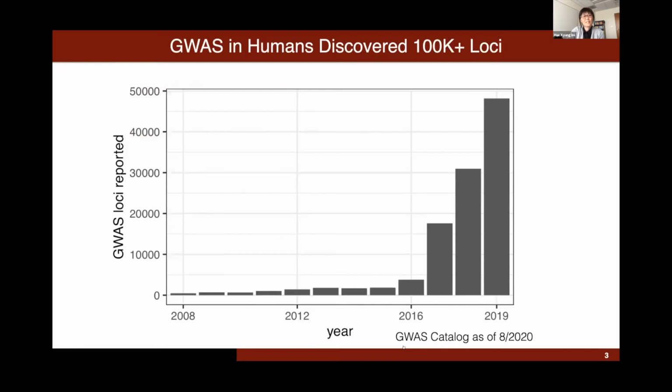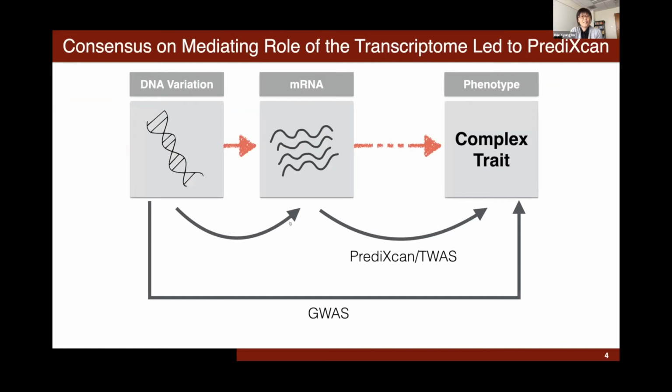Okay, so this is something we all know. Genome-wide association studies in humans have discovered hundreds of thousands of loci, and we keep discovering more every month or year. But most of those variants are in non-coding regions, so the mechanism behind these loci is still not well understood. The general consensus, though, is that the transcriptome has a mediating role in the link between genetic variation and phenotype.